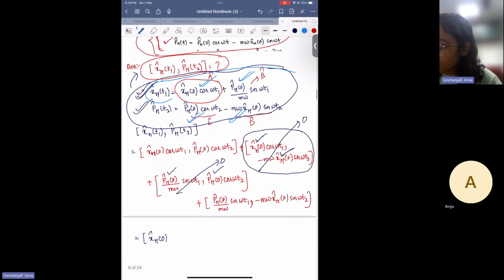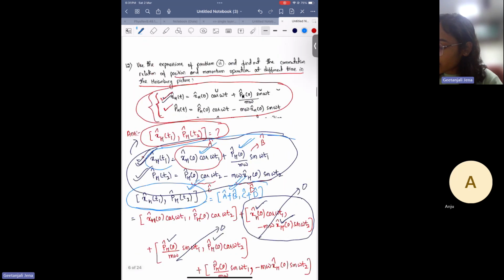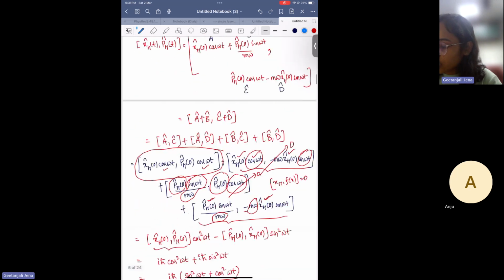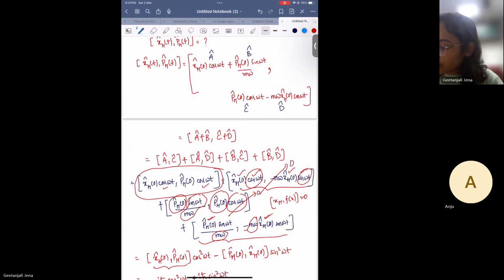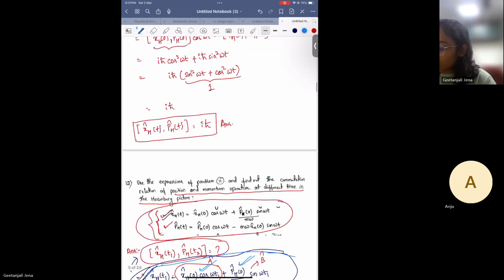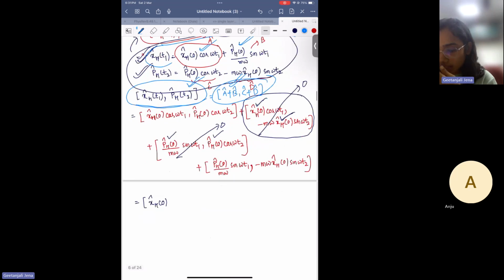So if you want to find the commutation relation of X and P at different times, it is nothing but the commutation relation of A plus B with C plus D. If you have this kind of commutation relation, it is nothing but A with C, A with D, B with C, and B with D. I have just used that property of commutation relation.